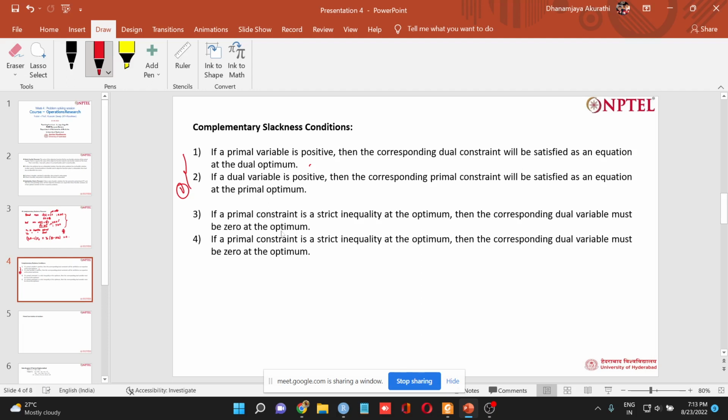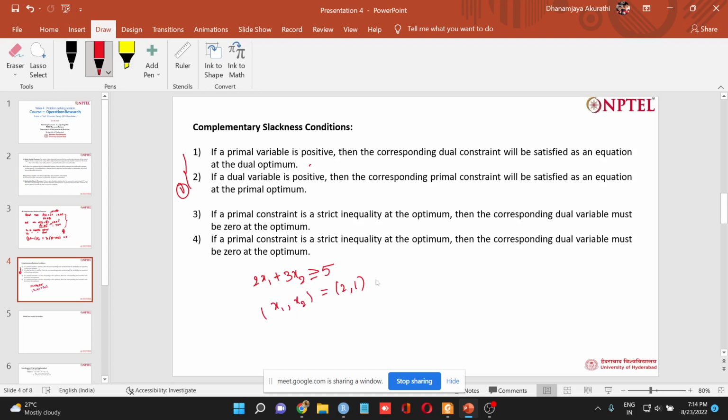Another condition is about when a primal constraint is a strict inequality at the optimum solution. Let us suppose we have a primal constraint 2x1 plus 3x2 greater than or equal to 5, but our primal optimal solution is x1, x2 equal to 2 and 1.